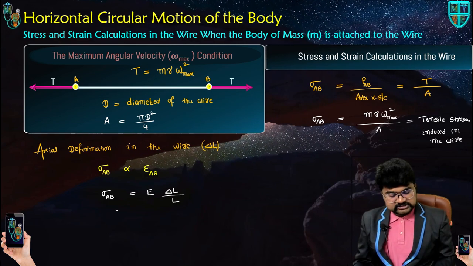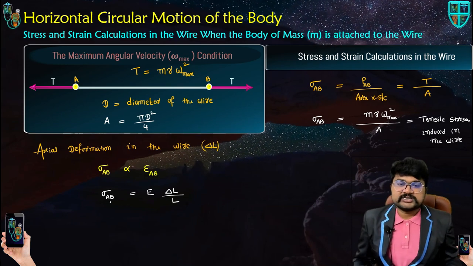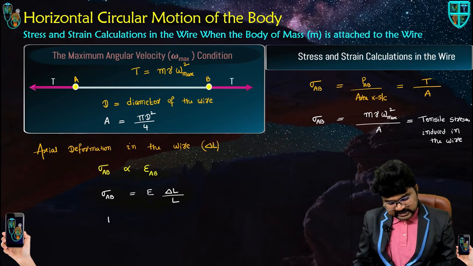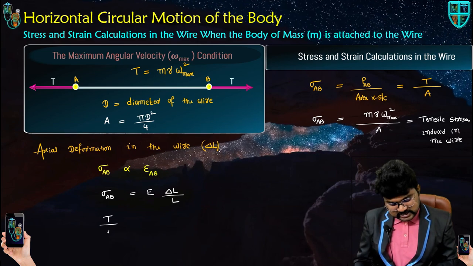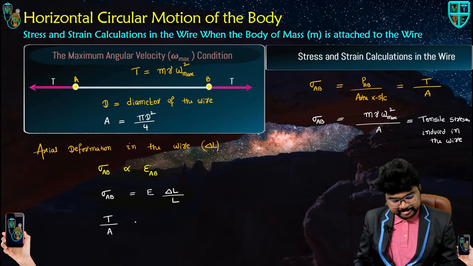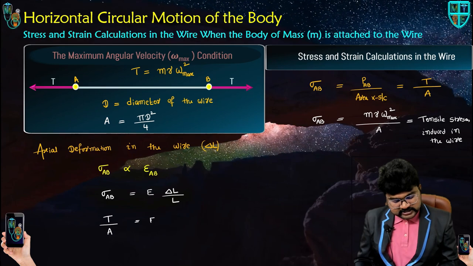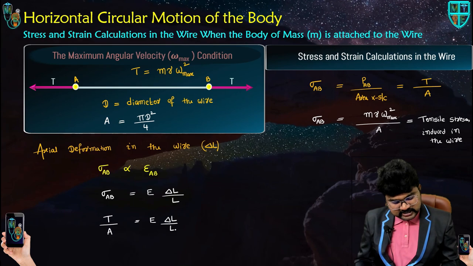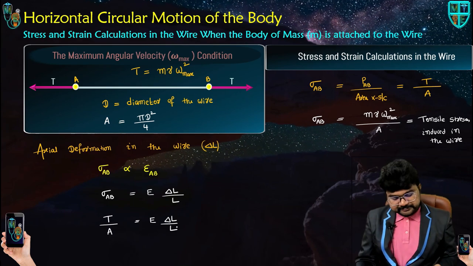So the tensile stress induced in the wire AB is tension in the string by area of cross section, and this equals E, the Young's modulus, times delta L by L. This is the strain.